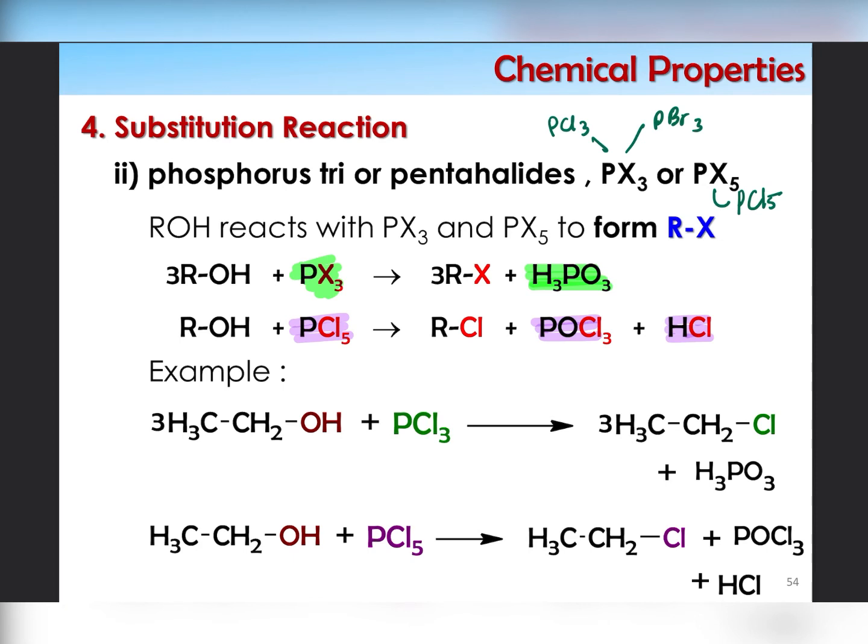Okay, so contoh for this reaction, you have ethanol react dengan PCl3, so you akan dapat position OH ni kita akan gantikan dengan Cl lah, Cl daripada PCl3 ni. So this is your haloalkane. Cl gantikan dekat position OH. So the side product kalau kamu pakai PCl3 adalah H3PO3. So wajib tulis.